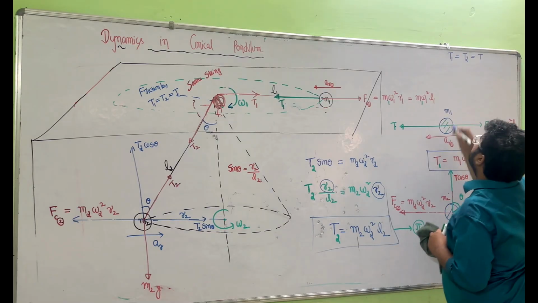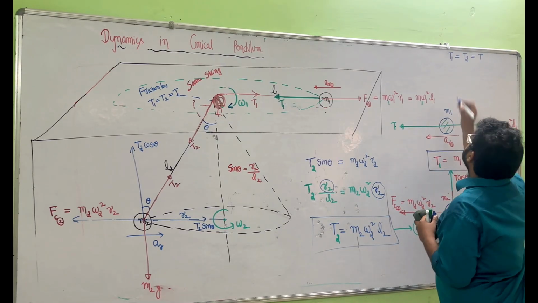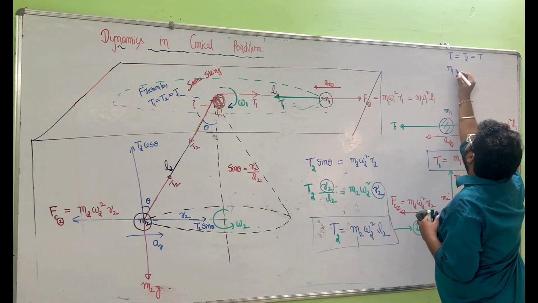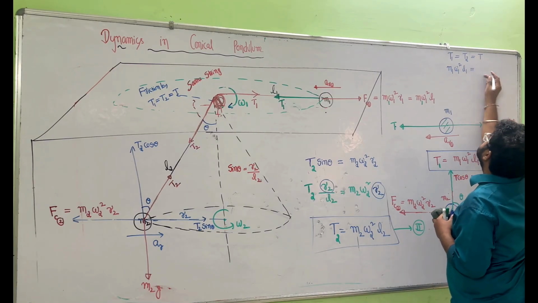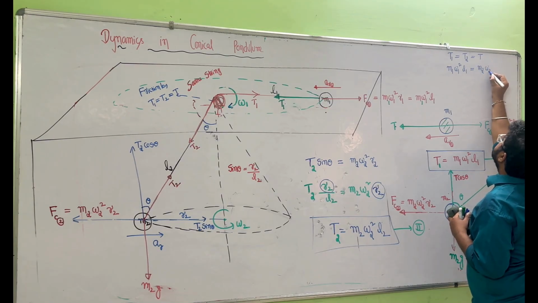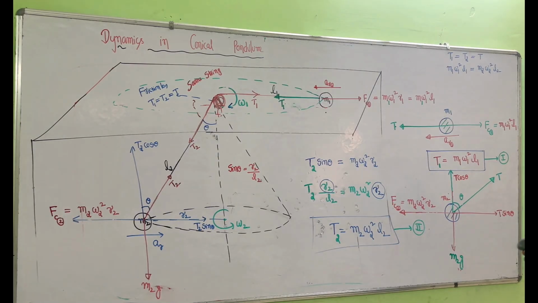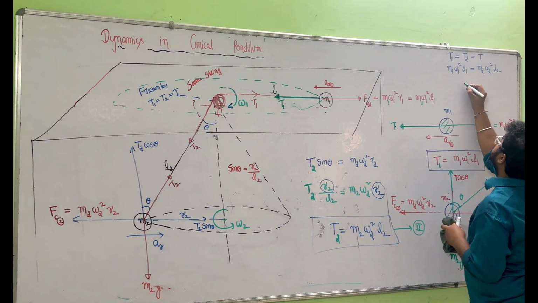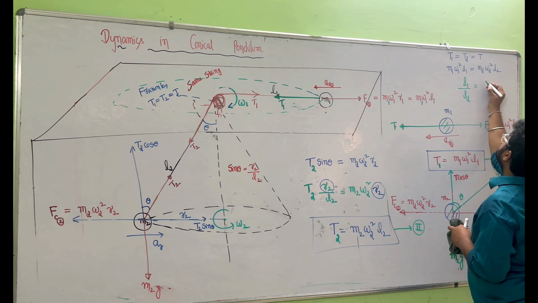So now we can confidently write M1 omega 1 square L1 equals M2 omega 2 square L2. Then L1 by L2 equal to how much?